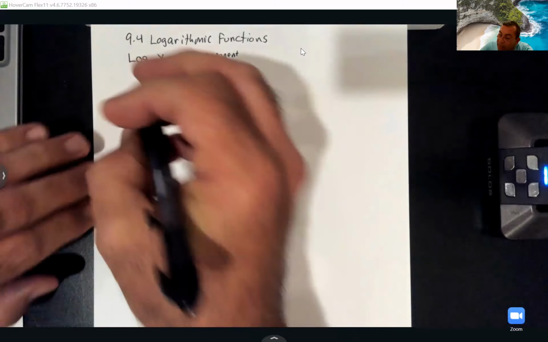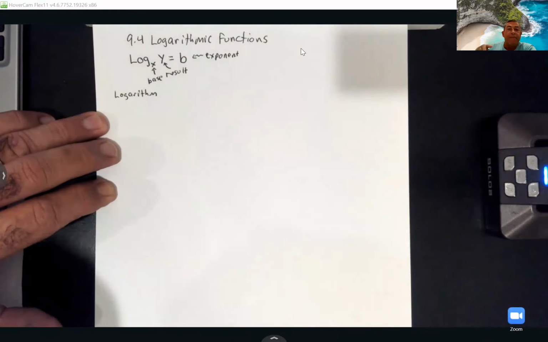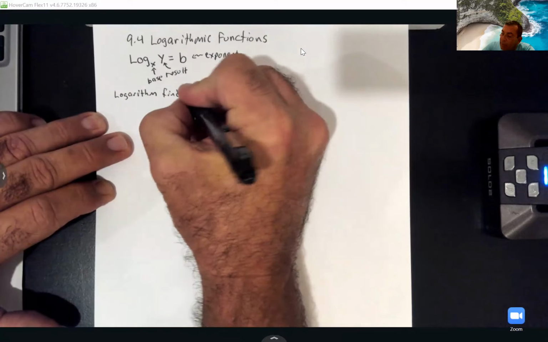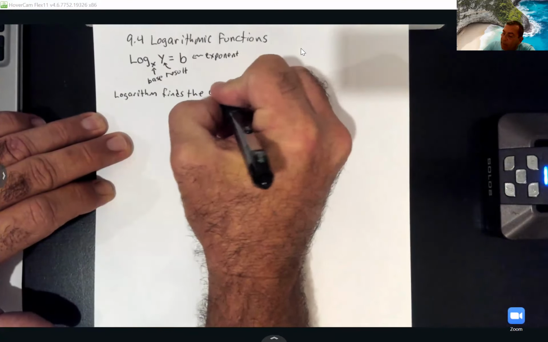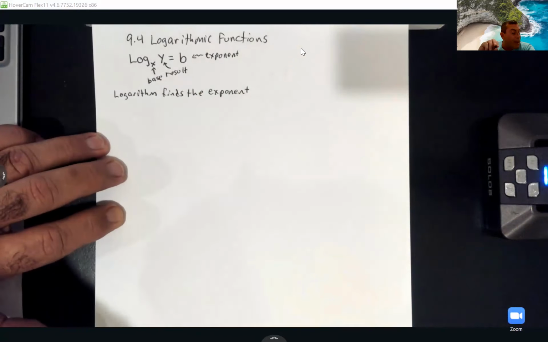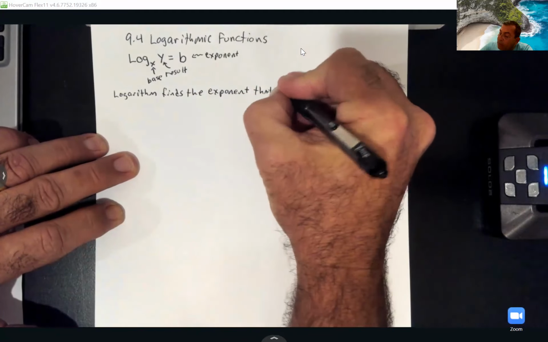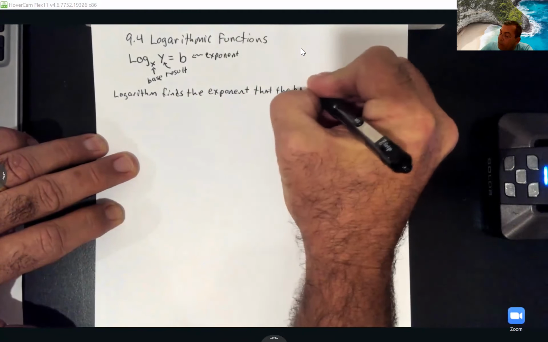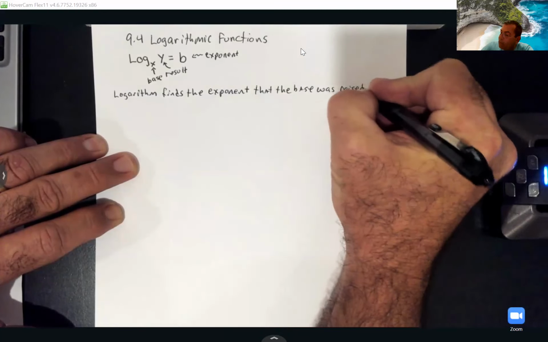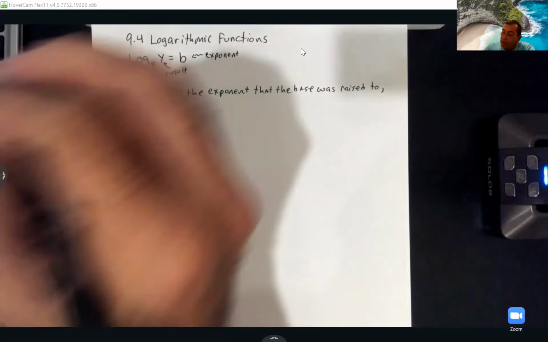So a logarithm finds the exponent that the base was raised to get that result.